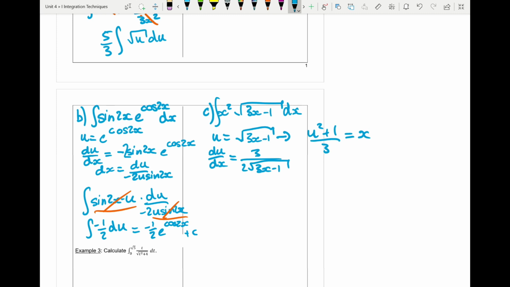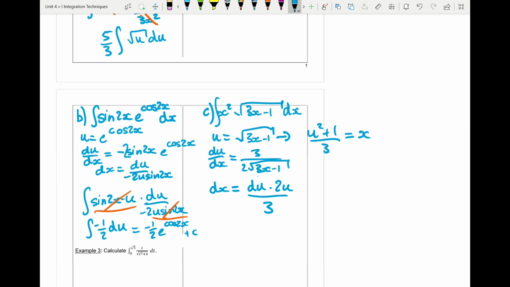So we've got u squared plus 1 on 3 is equal to x, and that means we can substitute in for x squared. So we also have that dx is equal to du times 2u, because that's what's on the denominator here, 2 times u, over 3. So that's just rearranging this to make dx the subject.